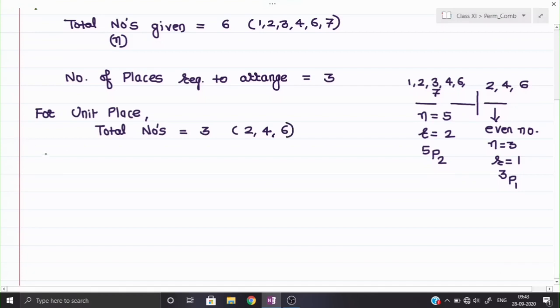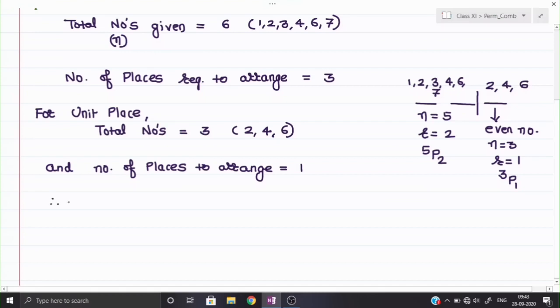And number of places to arrange is equal to 1.